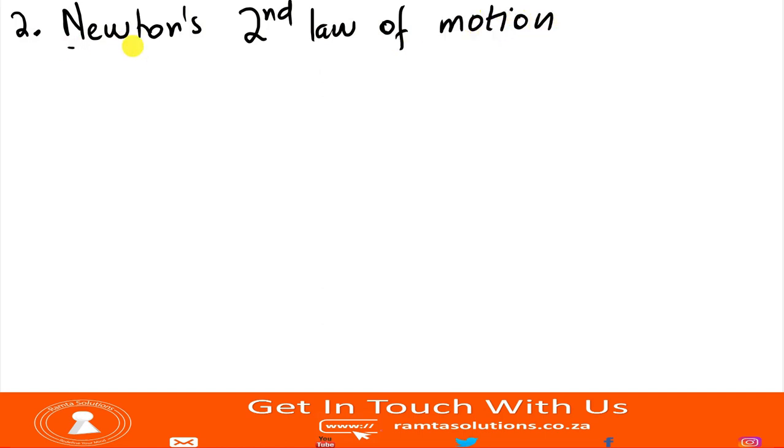All right, let's remind ourselves what this law was saying. This law was saying that when a net force acts on an object, the object will accelerate in the direction of the net force, but it doesn't end there. So let me write it. It's the definition. Let me write it in a different color. I'm sorry, I'm using a green color.